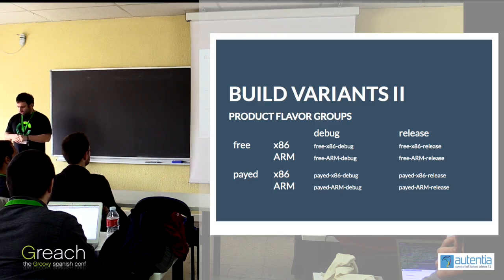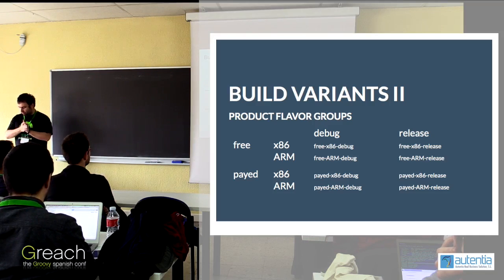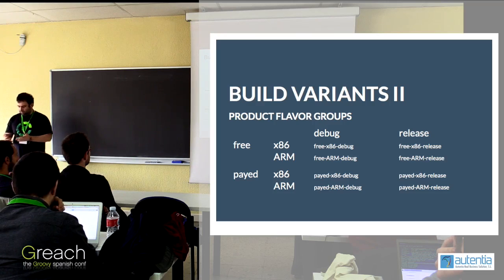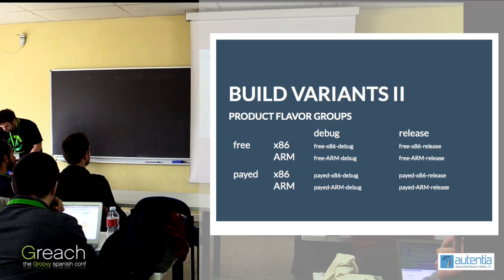So we have free x86 debug, and at the end you have a paid ARM release. If you build all that stuff with Gradle build on your command line, you end up with 8 different APKs, even more.